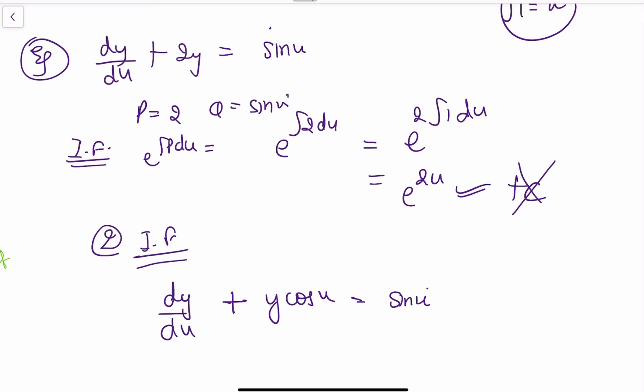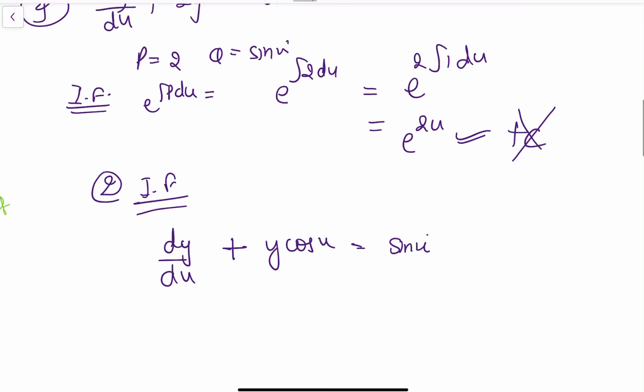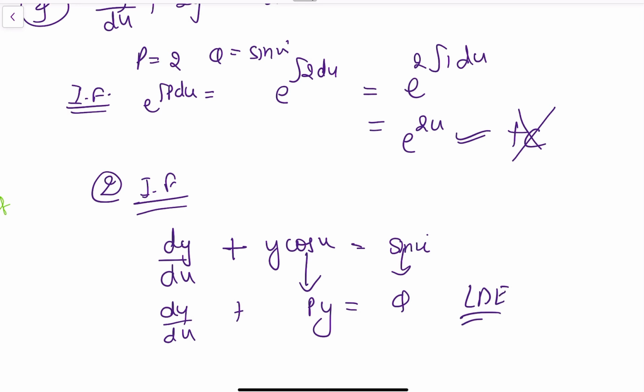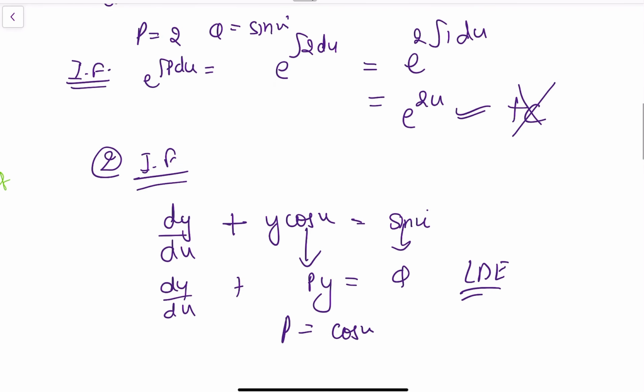This is my differential equation. Is it linear? Compare it to the general form, dy by dx plus py is equal to q, where p is a constant or a function of x. Yes, it is a linear differential equation where your p is cos x. Whatever is the coefficient of y becomes your p, cos x.